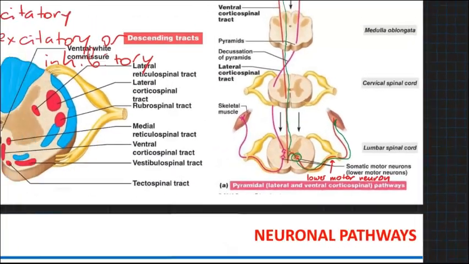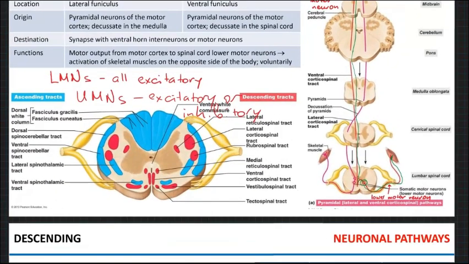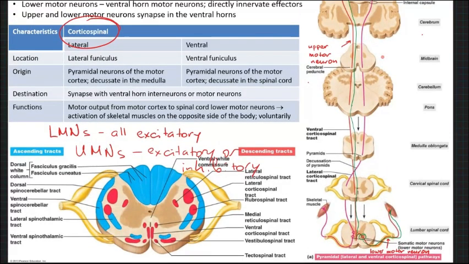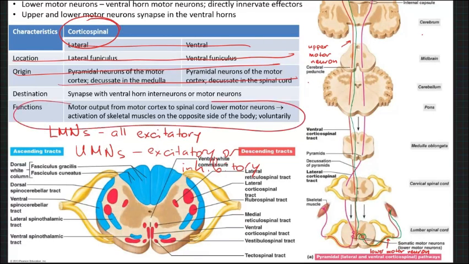So, what specifically you need to focus on when you think about corticospinal tract? Well, not the location, not the difference between lateral and ventral, not the origin, the functions.